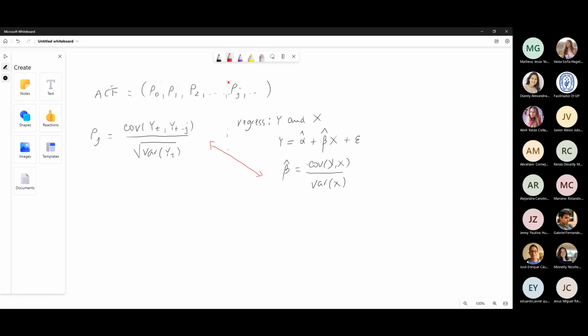So this guy can be seen as the coefficient of running what regression?